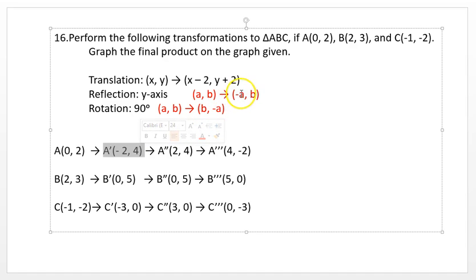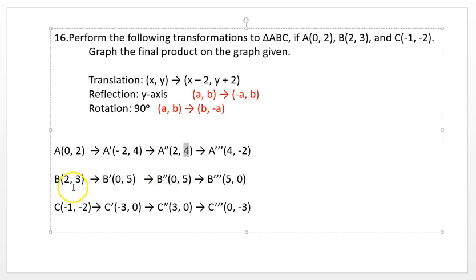Following this rule, we need to make this point (-2, 4) into this version of it right here: negative whatever your x value is, and keep your y value the same. So if it's already negative, then change it to a positive. That's why I put the second image of A double prime as (2, 4).